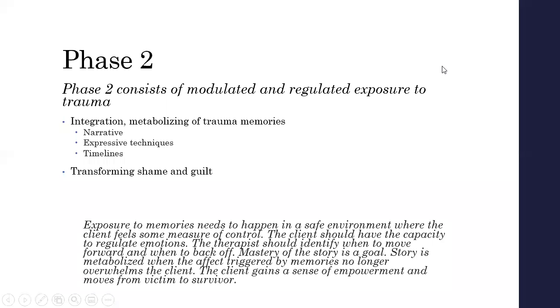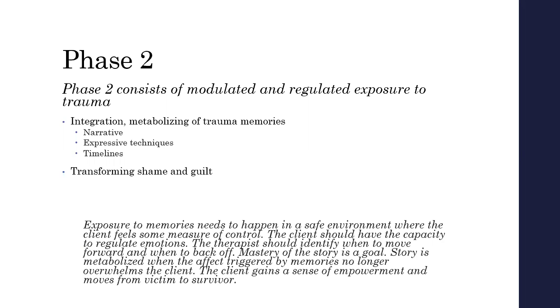In order to move on to phase 2, the client should be able to tolerate and modulate or cope with strong affect. The client should have established the support systems, and the client should feel safe and have a sense of trust in the relationship to be healing for them.